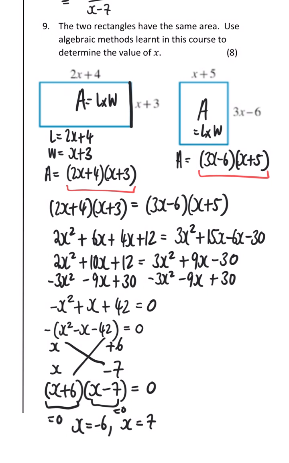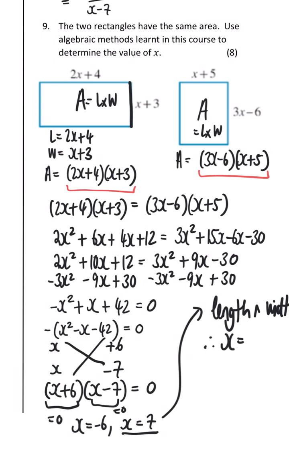And it makes no sense to have a negative length of a shape, so that means x must be equal to 7. So the way that we word that is I'm going to come up here, I'm going to say length and width are bigger than 0, therefore x is equal to 7.